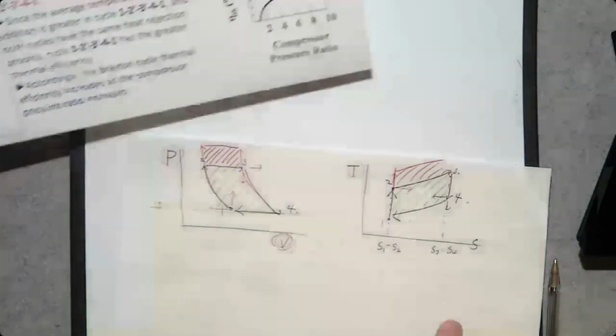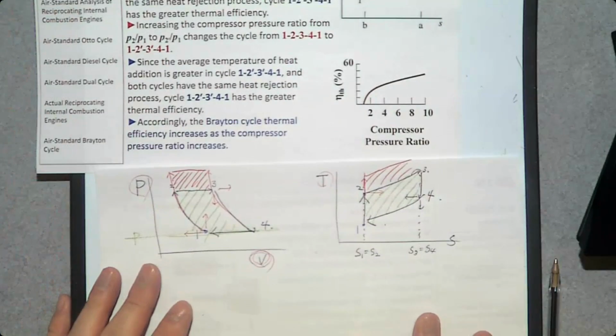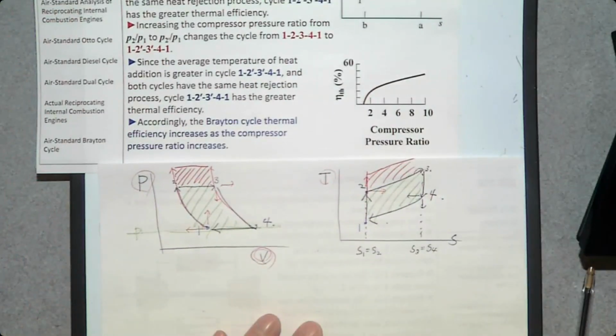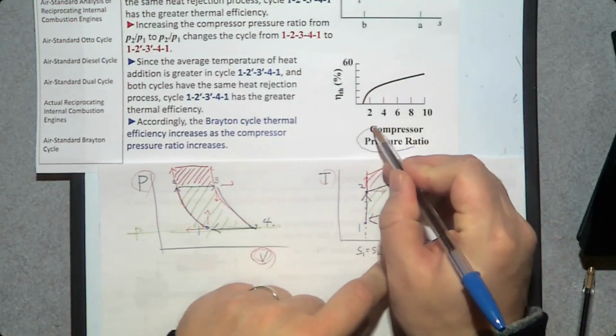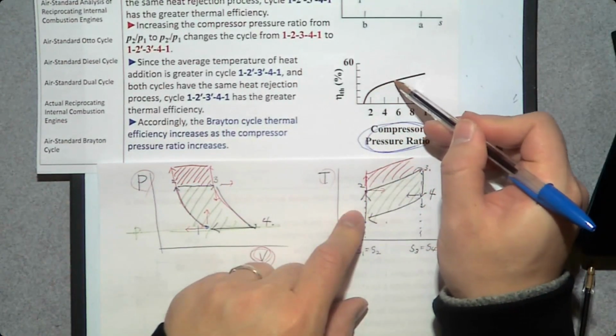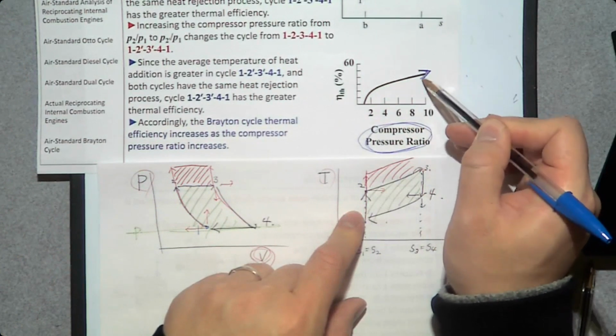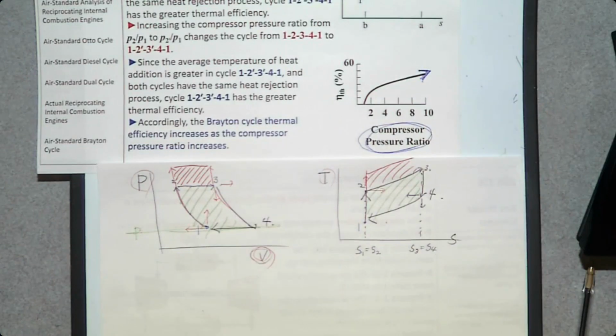And here is the information on how the thermal efficiency can be enhanced by increasing the compression ratio. So the efficiency goes up continuously as we increase the compression ratio. So if we compress more, we get higher thermal efficiency. But the problem is that if you want to compress more, you need to consume more power in the compressor.